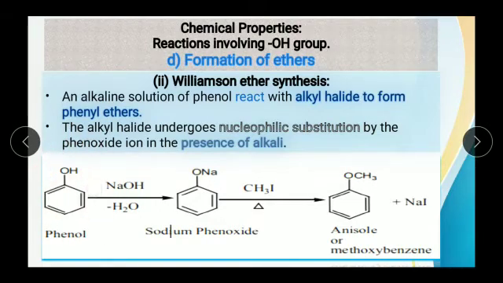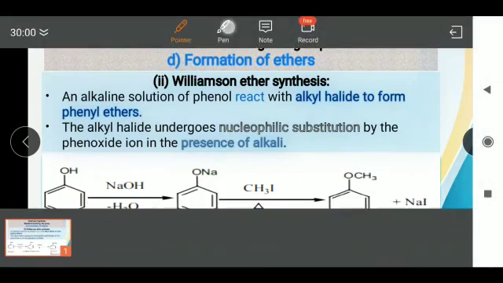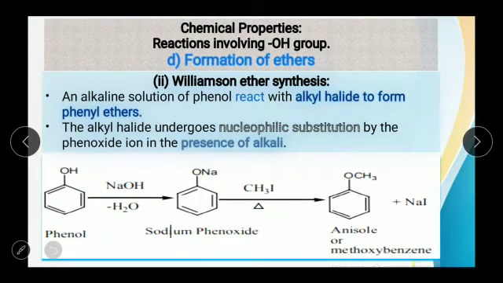Let me move to the chemical reaction. The phenol, alkali solution of phenol. Here the NaOH is the alkali we are using. So phenol with NaOH gives us sodium phenoxide. In sodium phenoxide, the phenoxide ion C6H5O- reacts with alkyl halide.